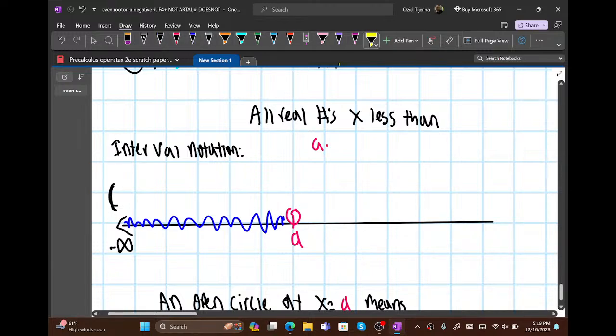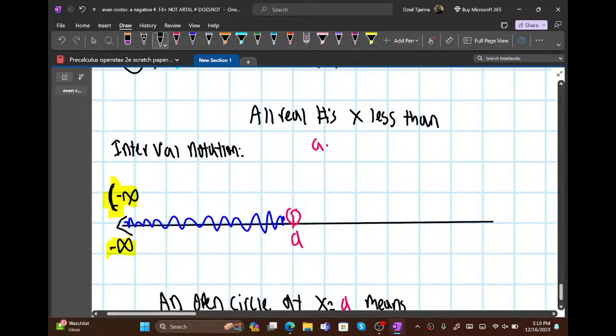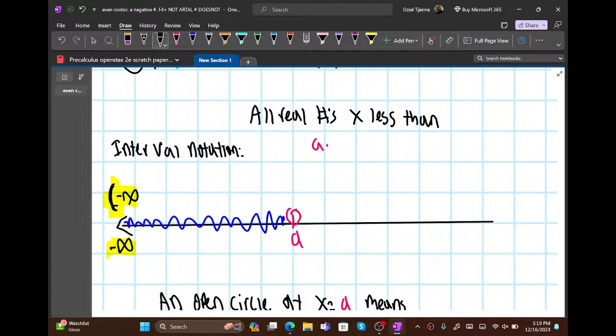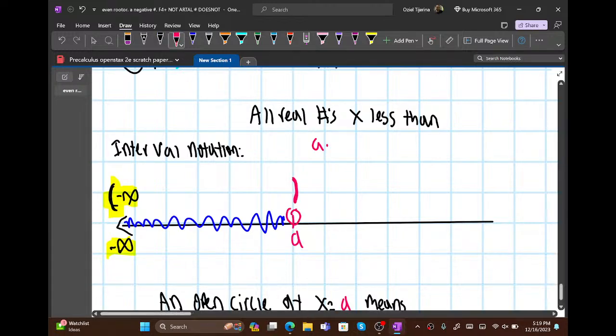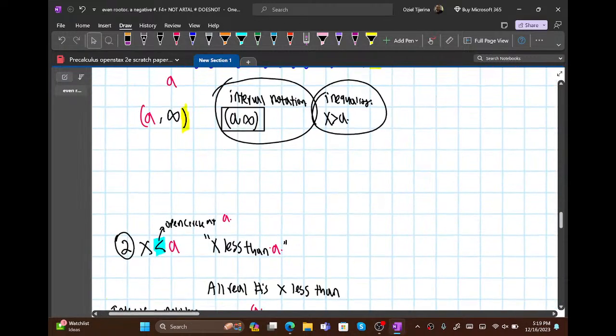I just want to make that clear. It's a parenthesis at negative infinity, because remember, I always said that at infinity and negative infinity, we always put parentheses. It's always parentheses. And then here at A would be the other parenthesis. So again, I want to state that when it's an open circle, it means parentheses.